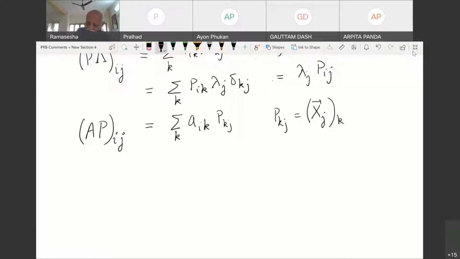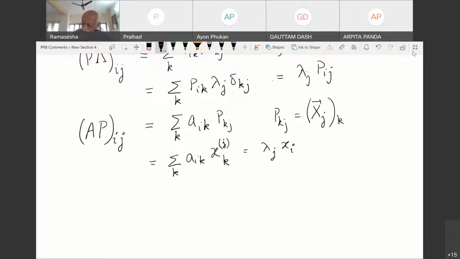Okay, so this is equal to sigma over k aik x jth eigenvector. So I'll have j here just to show you that it's an eigenvector, xk. Okay, this is equal to lambda j xi. Am I right?